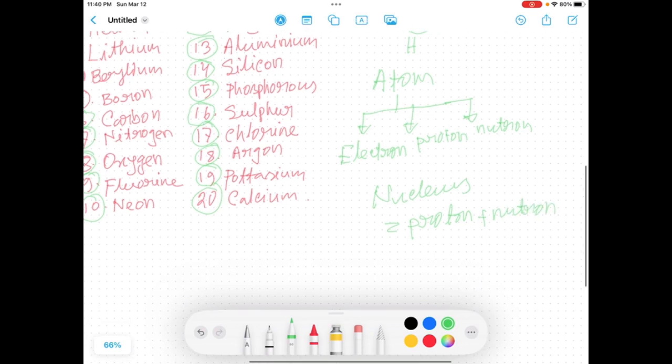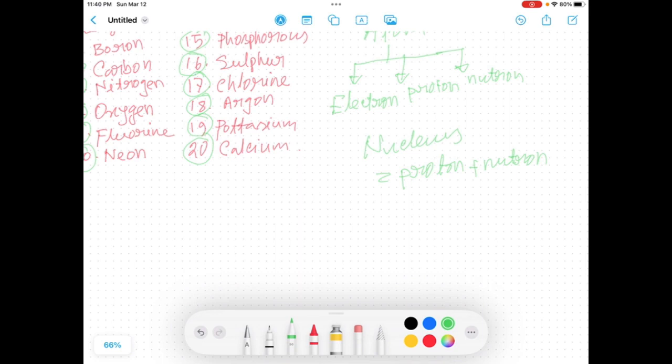Proton plus neutron. The proton is a positively charged particle, and neutron is neutral.